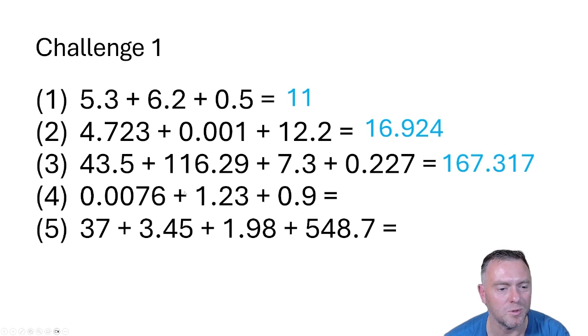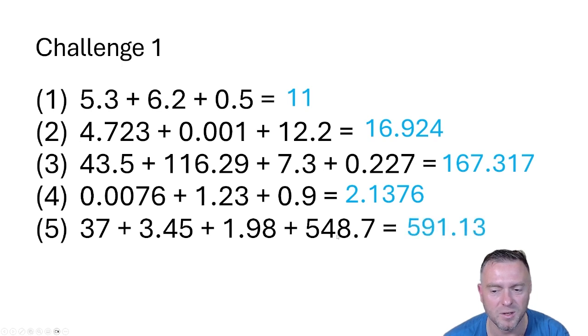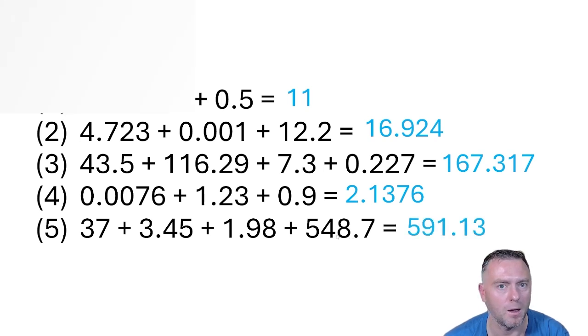Question 4, 0.0076 plus 1.23 plus 0.9 gave you 2.1376. And then question 5, 37 plus 3.45 plus 1.98 plus 548.7 gave you 591.13.